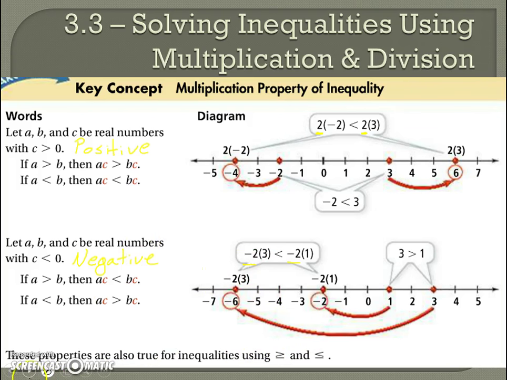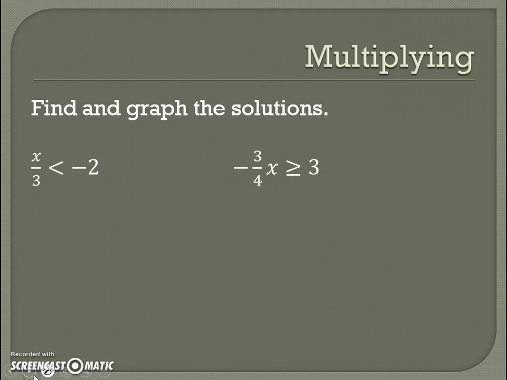So how does this actually play out in algebra? Well, let's take a look here. It says find and graph the solutions. This first one I have x divided by 3, so I would multiply both sides by 3. These things cancel, and I'm left with x is less than negative 6. You are asked to graph it, so I have negative 6.